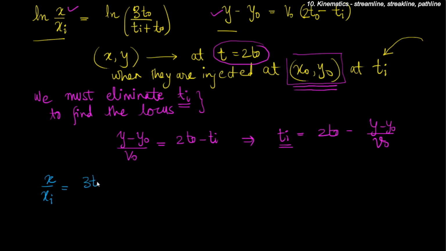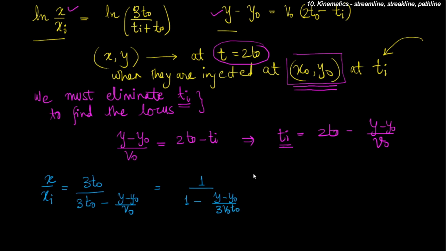So we have 3 t naught upon ti plus t naught. So ti is this. If we add t naught to this, we obtain 3 t naught minus y minus y naught upon v naught, and this becomes 1 upon 1 minus y minus y naught upon 3 v naught t naught.